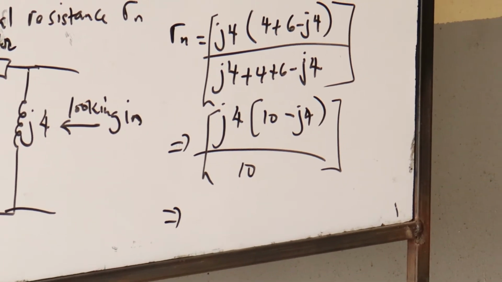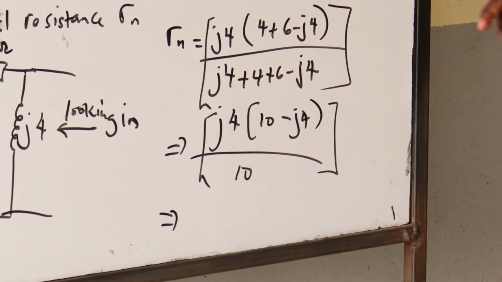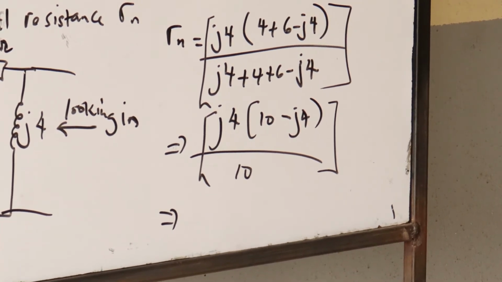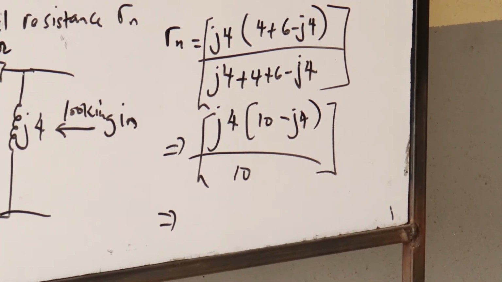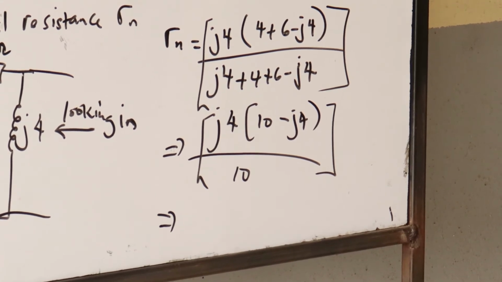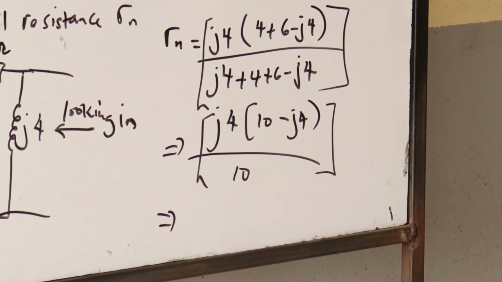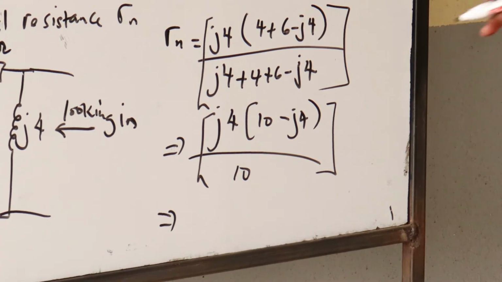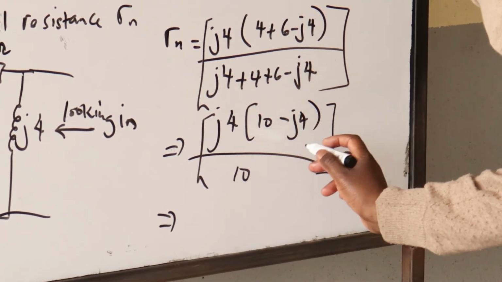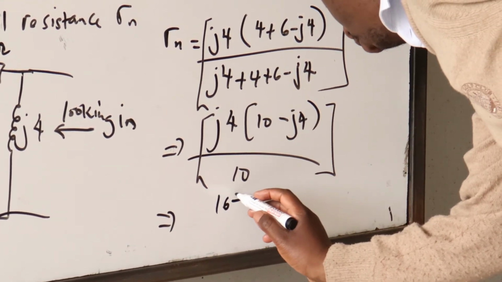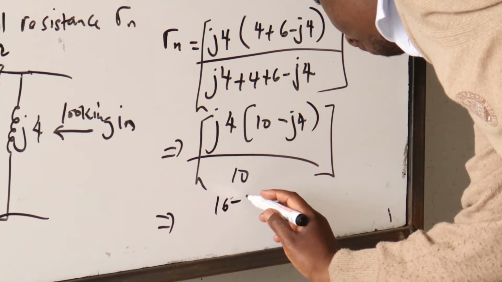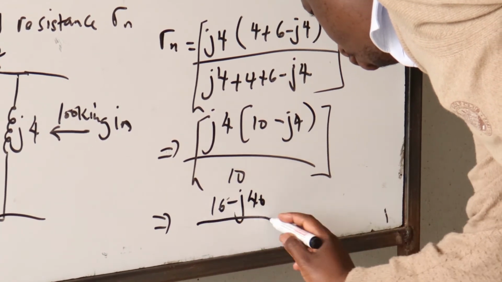Then you get the polar, then divide. You shall have 16 minus j40 over 10.